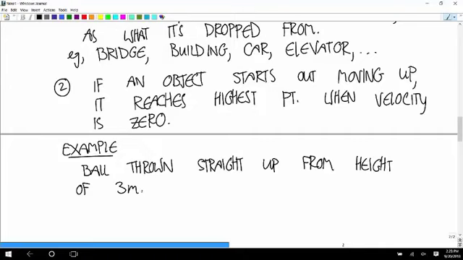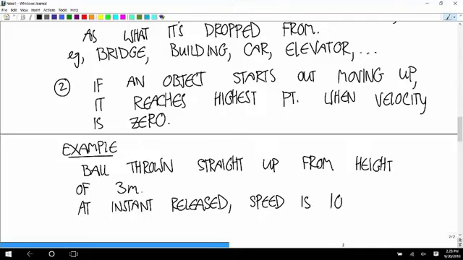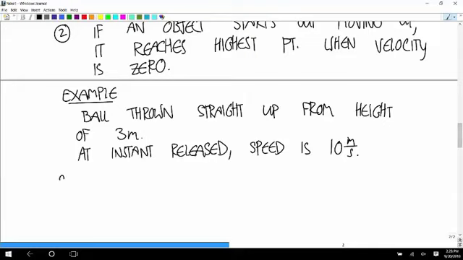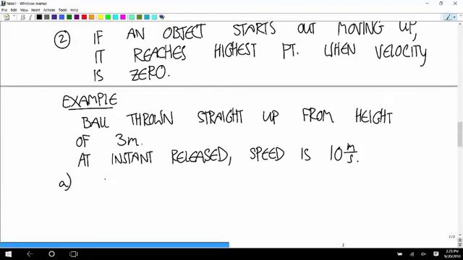At the instant it's thrown, its speed is 10 meters per second. And we want to know two things. First, we want to know what's the ball's maximum height. So how high above the ground is it at its highest point?